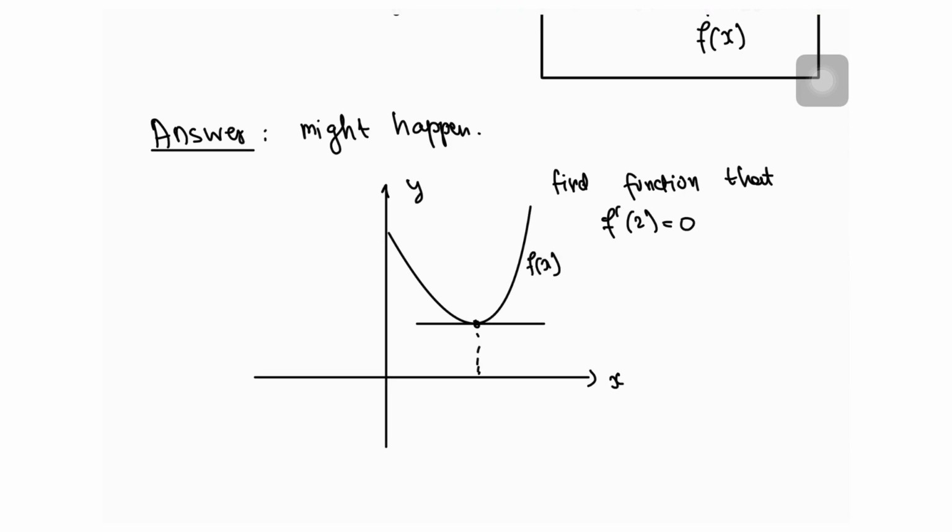So indeed, if this is 2, then we can say that this situation means f prime of 2 equals 0. Why? Because at 2 there is a horizontal tangent at 2, or in the neighborhood of 2.